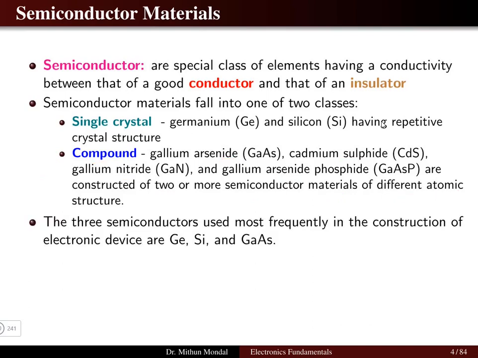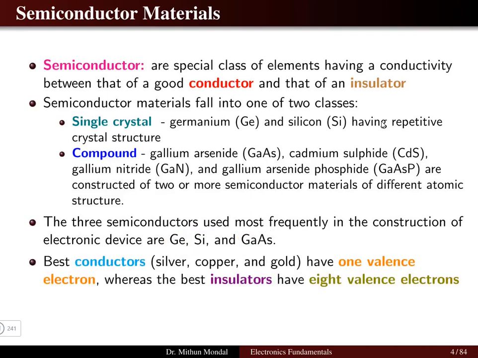The three semiconductors that are frequently used in electronic devices are germanium, silicon, and gallium arsenide. These are the most frequently utilized semiconductor materials in electronic devices. If we talk about conductors, for example silver, copper, and gold, they have one valence electron. Valence electrons means the number of electrons in the last or final orbit of the atomic structure.